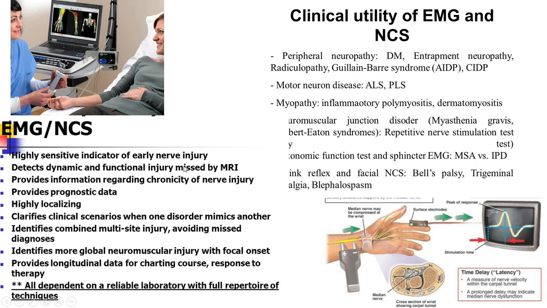EMG is a highly sensitive indicator for early nerve injury, and it will detect dynamic and functional injury that can be missed by MRI.